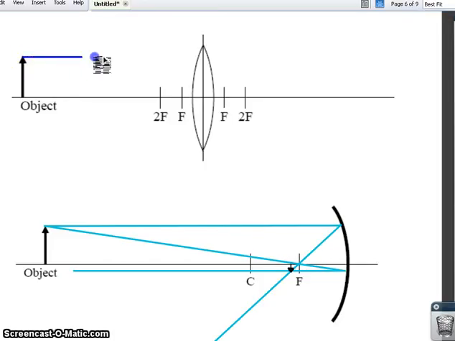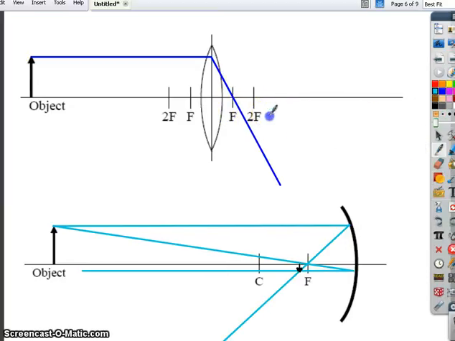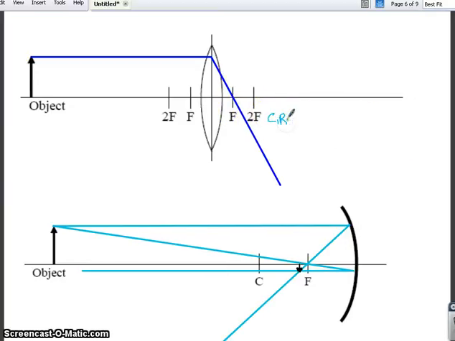It's going to be parallel to the axis. It's going to hit in the middle and go through the focus. And you can see here that we have the focus and we have, remember the center of curvature, or the radius of curvature, and we know that it's 2 times the focus. So it's the same thing for lenses, okay? So that's our first ray.